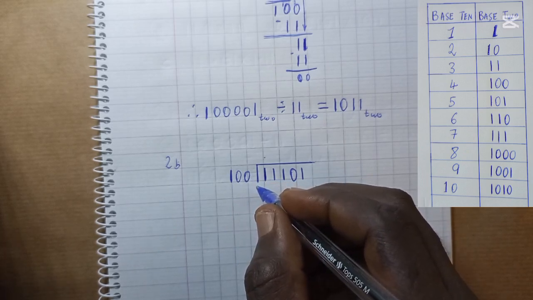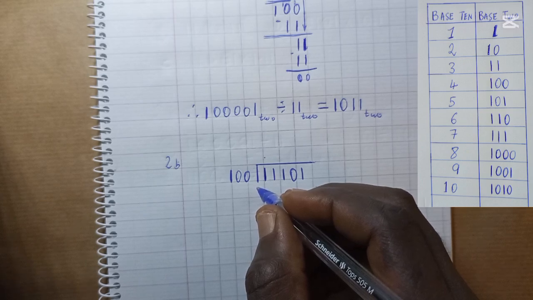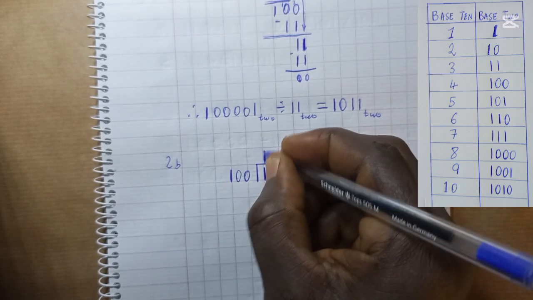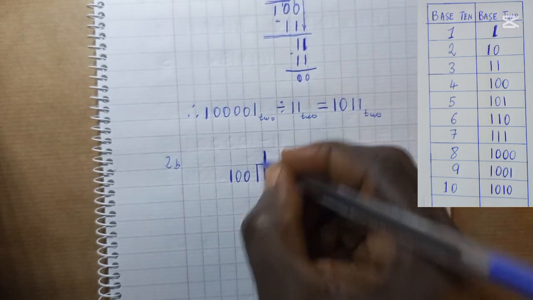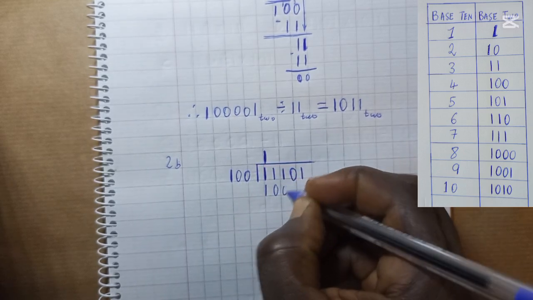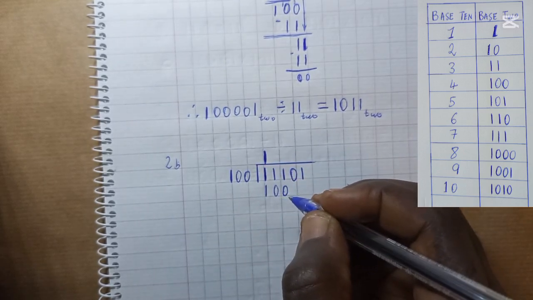So how many times can we get 4 in 7? That is once. So 111 divided by 100 is 1. I'm going to write 1 here. Then 1 times 100, that will give us 100 again.